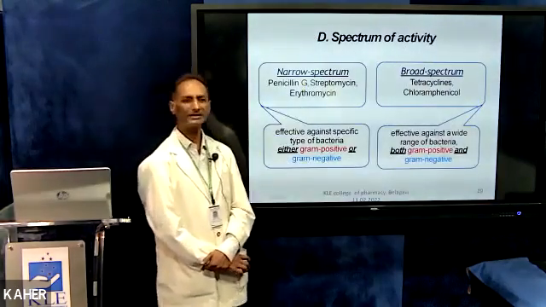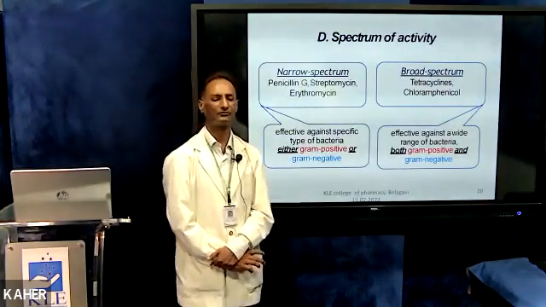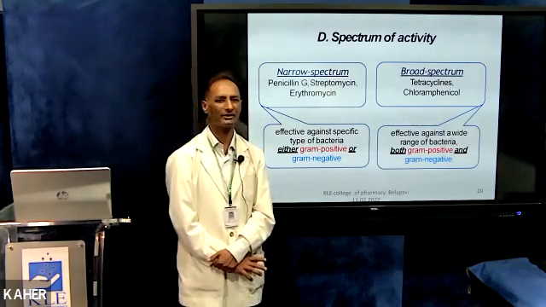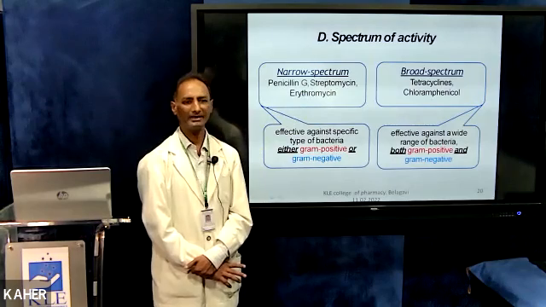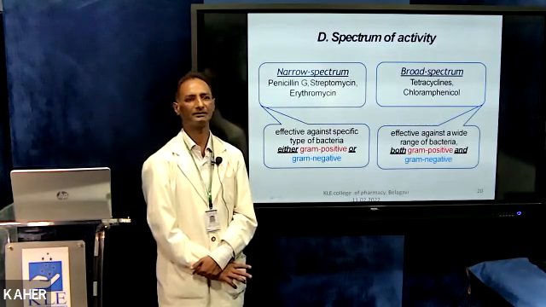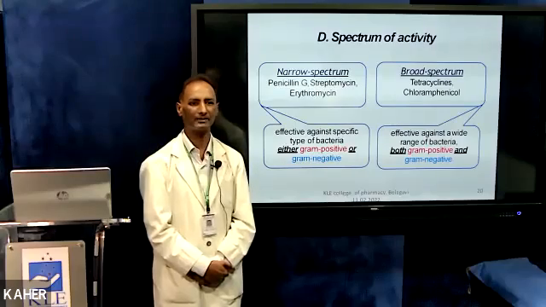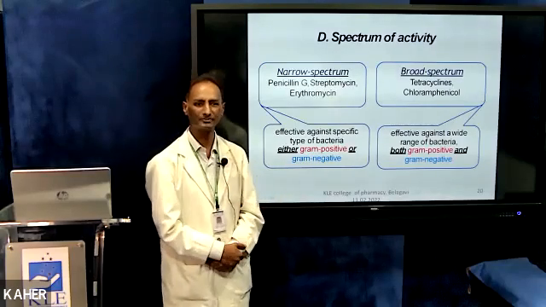Next, moving towards the spectrum of activity. Depending upon gram positive and gram negative, if the antimicrobial acts specifically over either gram positive or gram negative, it is said to be of narrow spectrum.